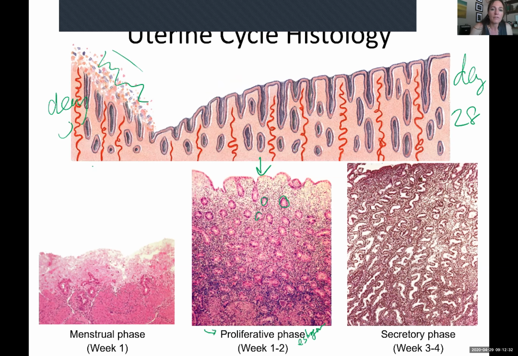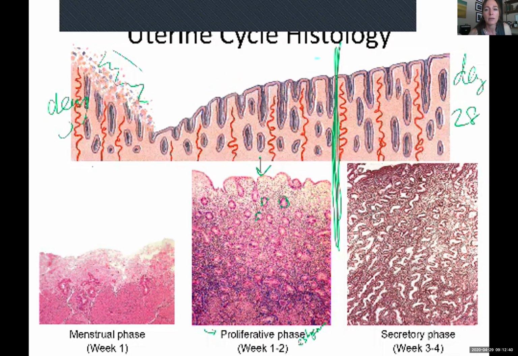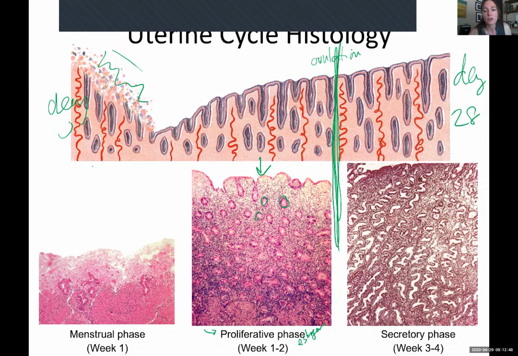Then we finally get to the moment, and at this point here, we'll draw a little line in our timeline, and I'm going to type in ovulation. So ovulation takes place, and after this green line, we have progesterone present. So I'm just going to write progesterone.